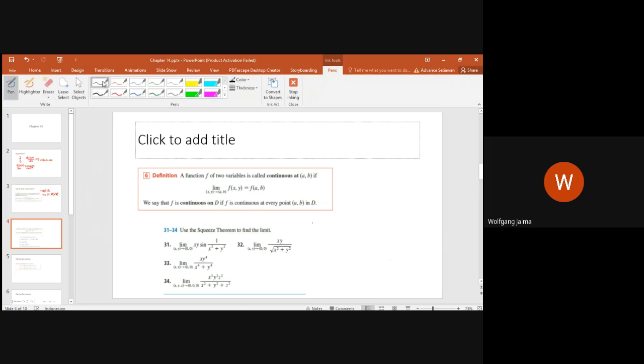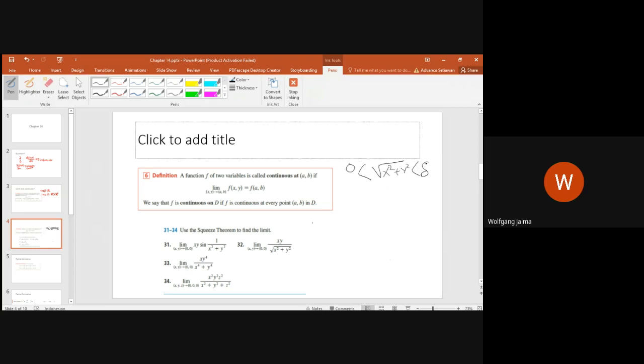So let us try number 32. Basically, we have 0 smaller than the square root of x squared plus y squared.